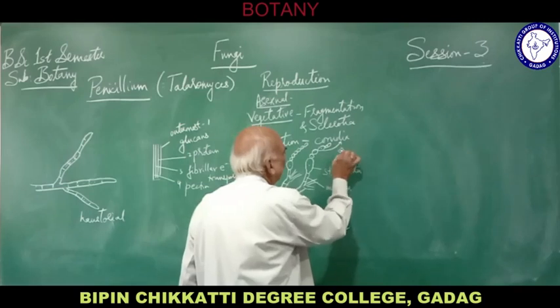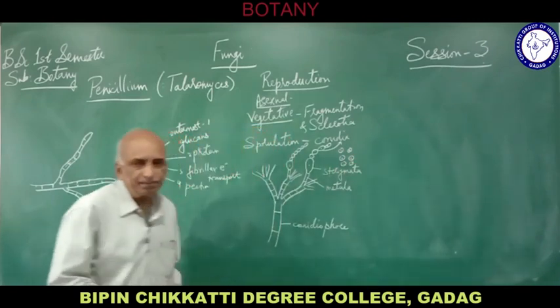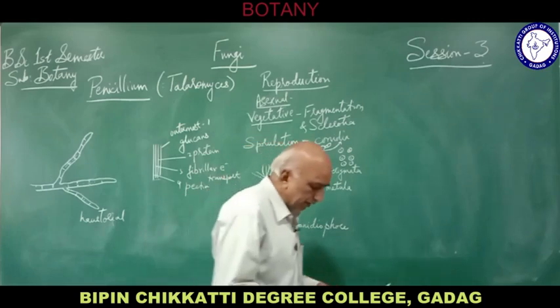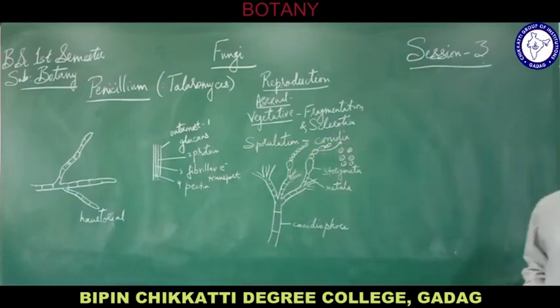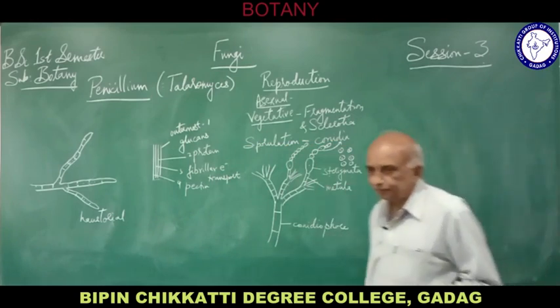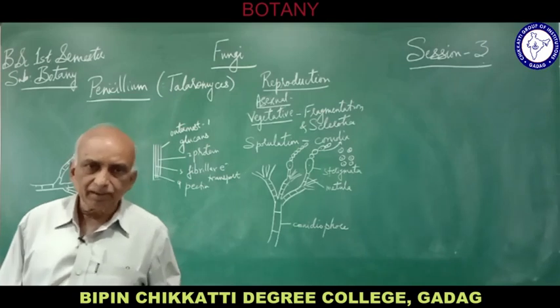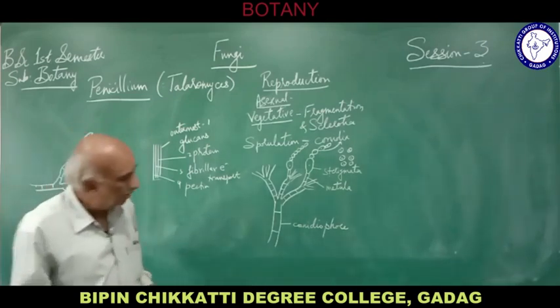They separate from the sterigmata, and they are carried by wind or by some other agents of the environment like water. When the spores fall on a suitable medium, meaning decaying fruits, vegetables or the like, they grow into a new mycelium.